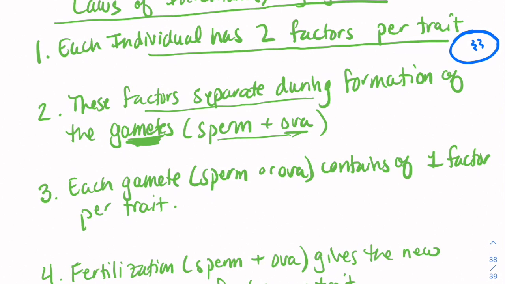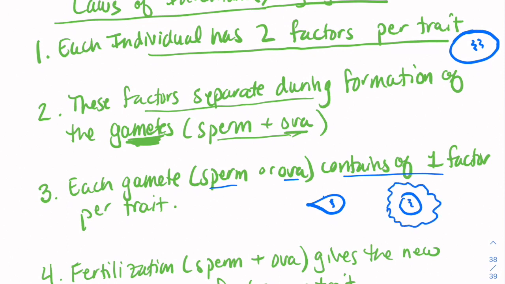But these factors separate from each other during formation of the gametes, the sperm and the ova, and each sperm and each ova contains only 1 factor per trait. So let's draw a sperm, and let's say it has only 1 of these traits, and let's draw an ova. You've seen an ova look like this before, and it's only got 1 of these traits.